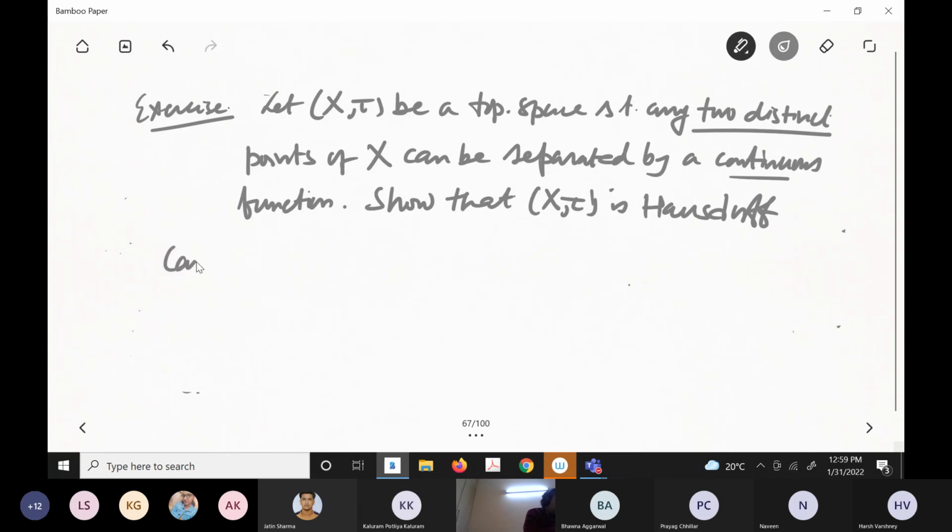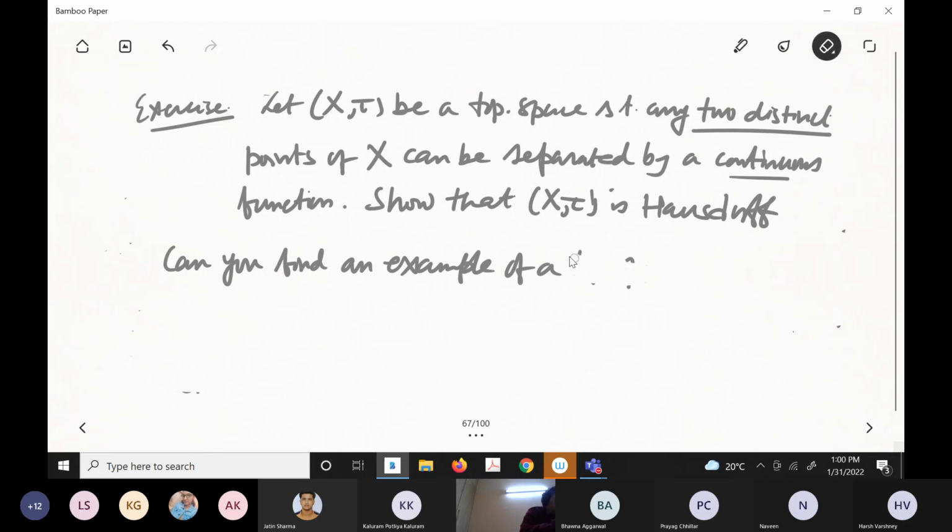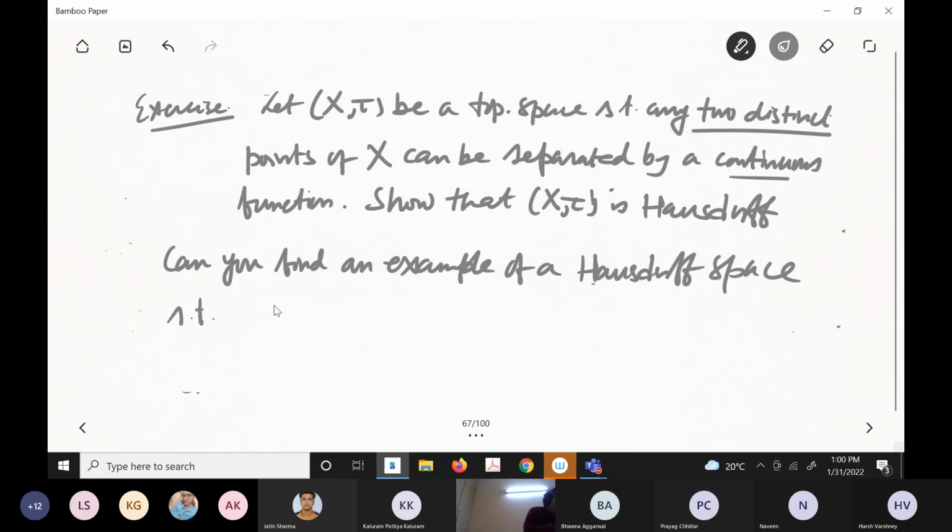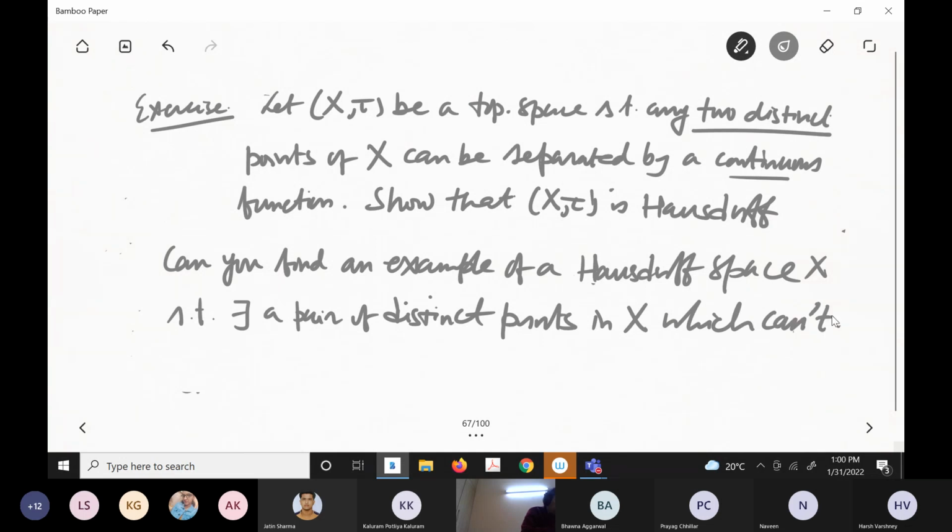Can you find an example of a Hausdorff space X such that there exists a pair of distinct points in X which cannot be separated by a continuous function?